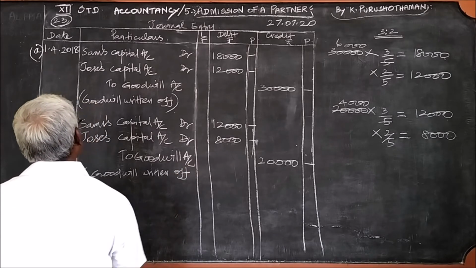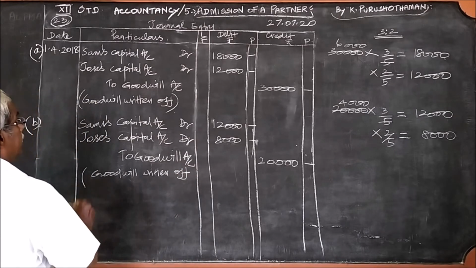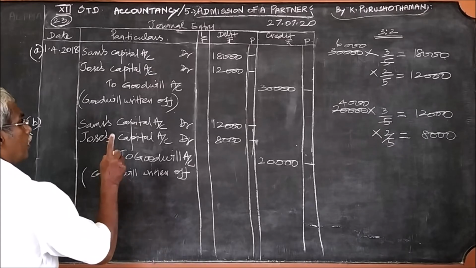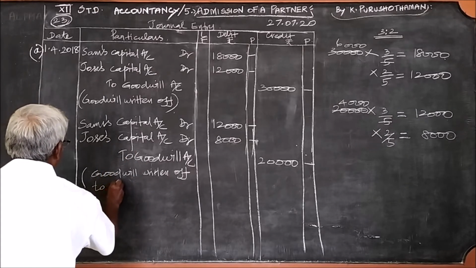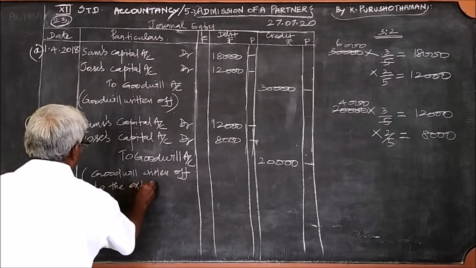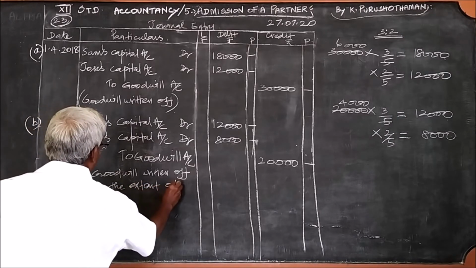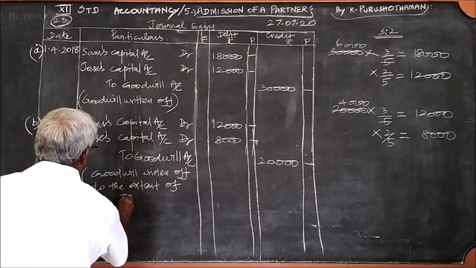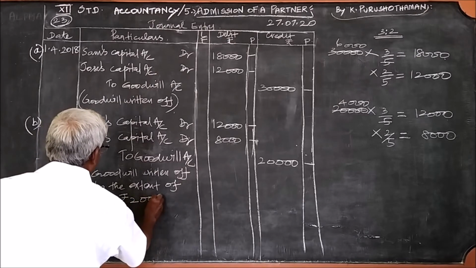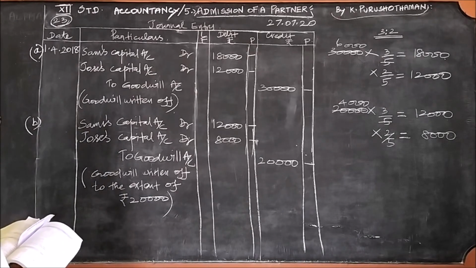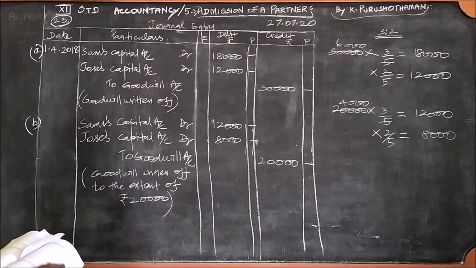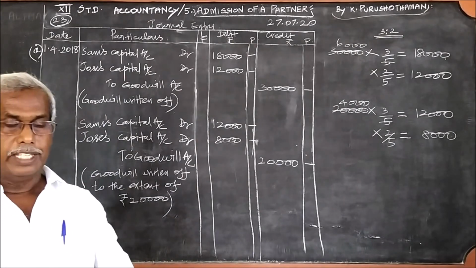If the full amount is written off, we can write like this, but only 20,000 is written off, so write goodwill written off to the extent of rupees 20,000. You should mention it. If the entire amount is written off, you can write goodwill written off. But only a partial amount is written off, therefore to the extent of 20,000 we write. Once again I repeat it.